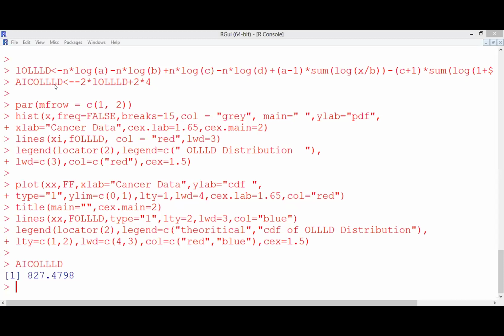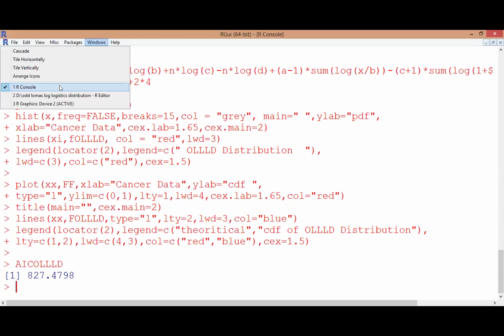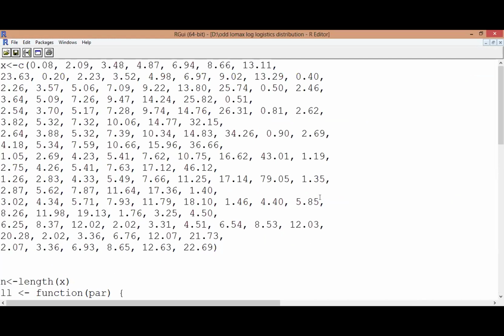Okay, that's why we will open our R programming. We have designed the good coding for the odd Lomax logistic distribution. We will try to use the 120x breast cancer data.